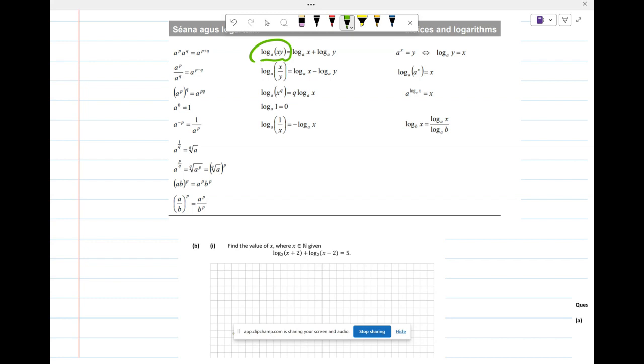Here our x is going to be x plus 2 and our y is going to be x minus 2, and our a is just going to be 2. So that's log 2 of x plus 2 times x minus 2 is equal to 5. This is the same as taking the log once and then multiplying together.